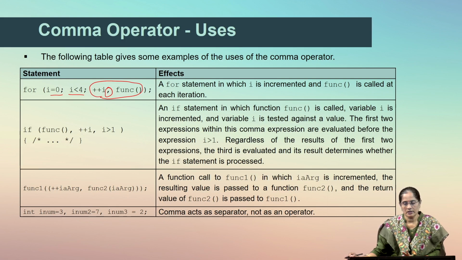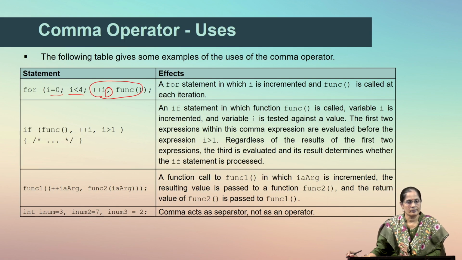If the function is called, then the value of i is incremented and then evaluated using a condition. The first two expressions within the comma expression are evaluated before the expression i greater than 1. Regardless of the results of the first two expressions, the third is evaluated and its result determines whether the if statement is processed or not.